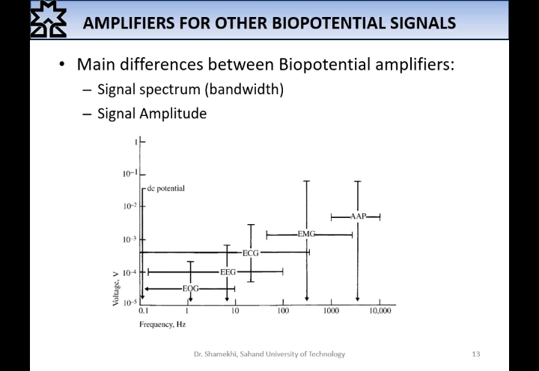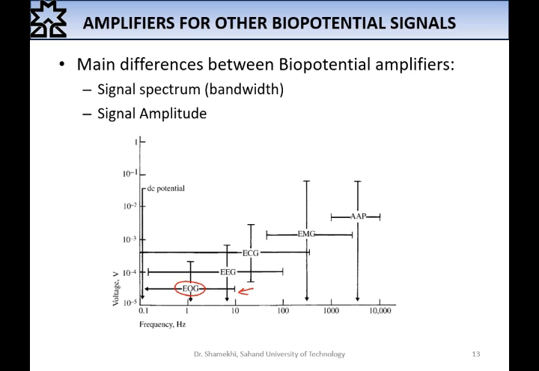As you can see, various biopotential signals, for example EOG, have a signal spectrum limited to 10 Hz, and also EOG signals consist of DC potential signals.